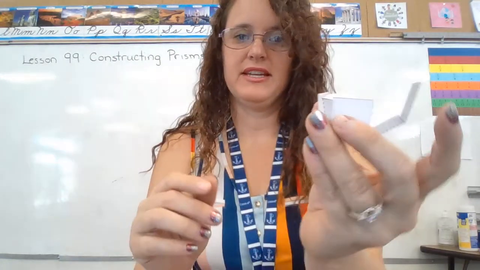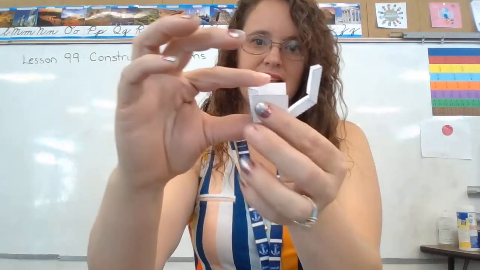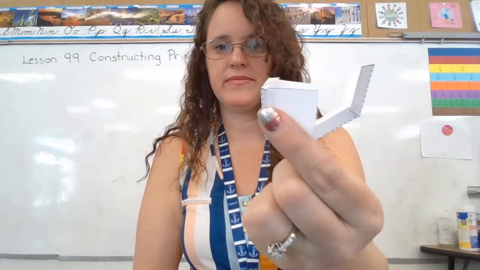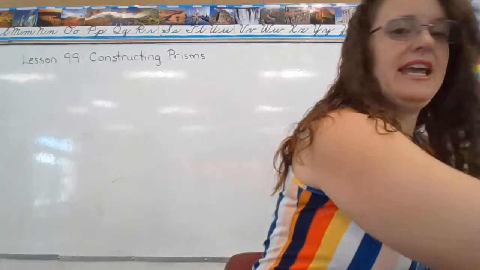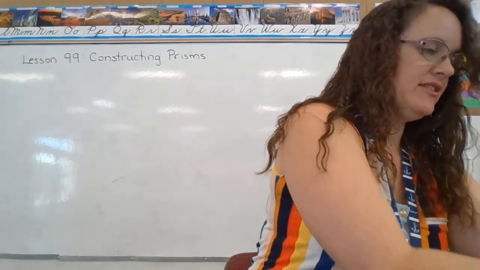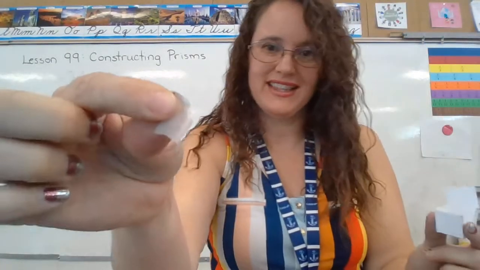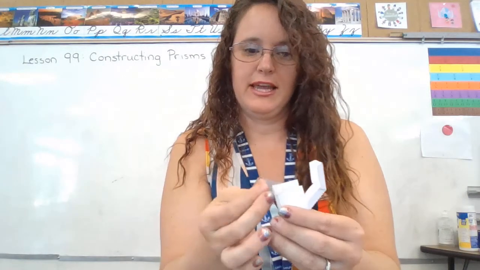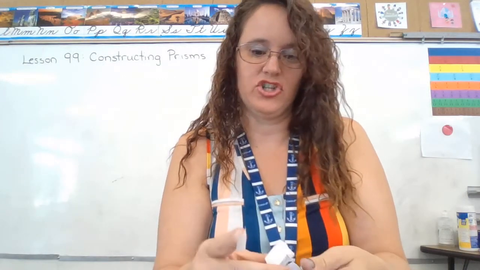Then I'm going to take those two wings and grab them and hold them there. And then I'm going to take a little tiny piece of tape, because this is a little tiny box, and tape each side shut.